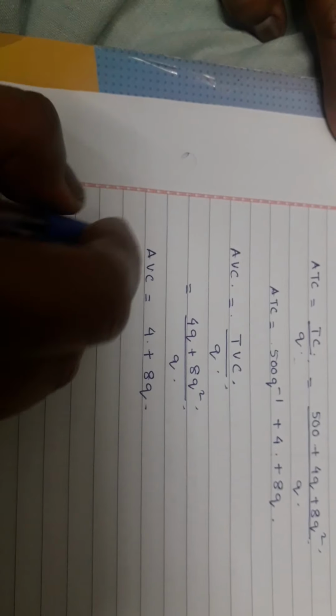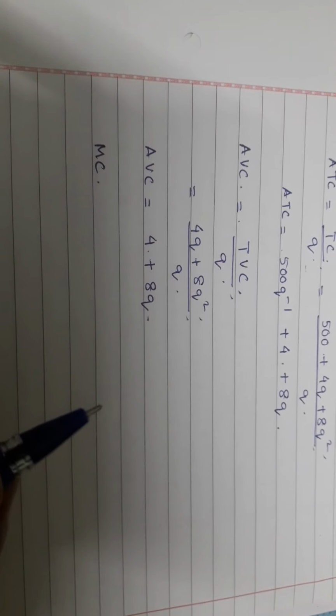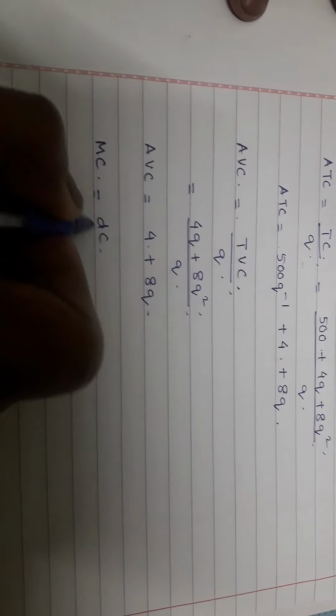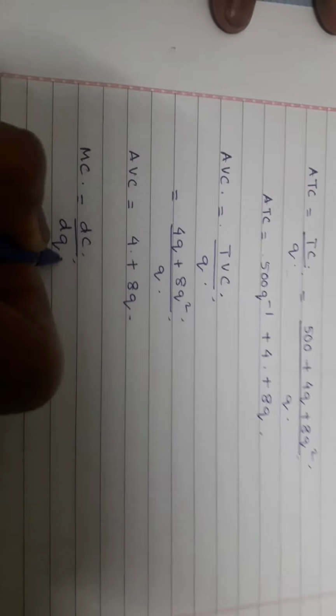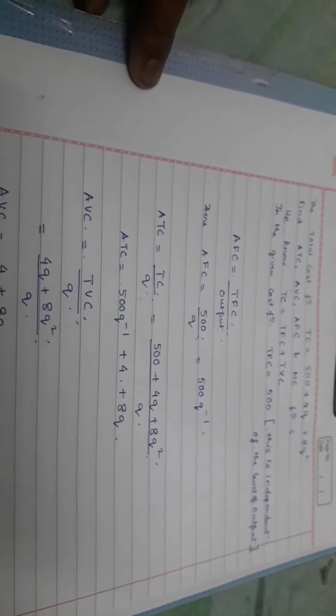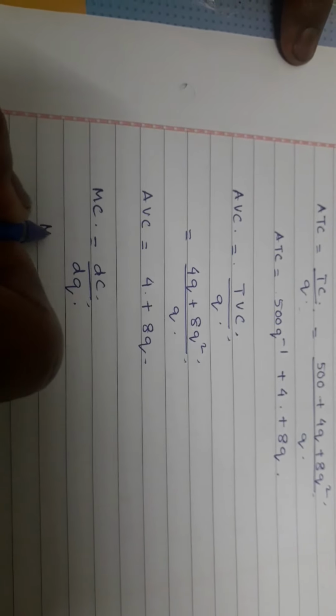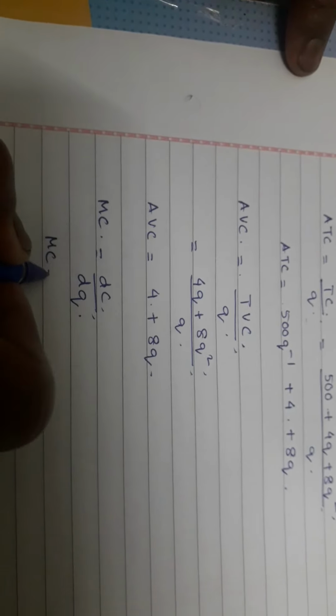Now the last one is marginal cost. I told you yesterday that if you are given a sum and asked to find the marginal cost, the marginal cost is equal to dC/dQ, that is the first order differentiation of the function with respect to Q. Here C means total cost, so MC will be equal to, for 500, of course Q is to the power 0, it is a fixed item, so naturally no differentiation.